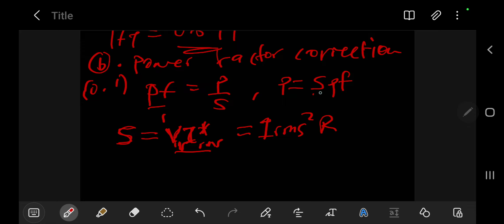And if you need a big amount of apparent power, you need a big amount of complex power. Since in this case we cannot change the voltage, we just want to maintain the voltage to be the same, the only way this equation is going to hold true, if we have a big complex power and this is constant, is if we increase the complex conjugate of the current, which is just the same as increasing the current.